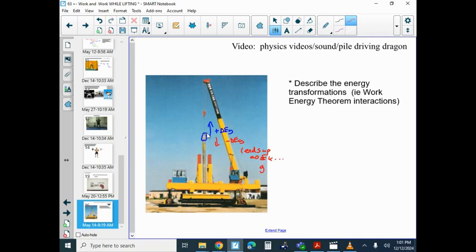Eventually it goes into the post that goes into the ground. That's the idea, just noticing energy transformations and the concepts of energy around you.